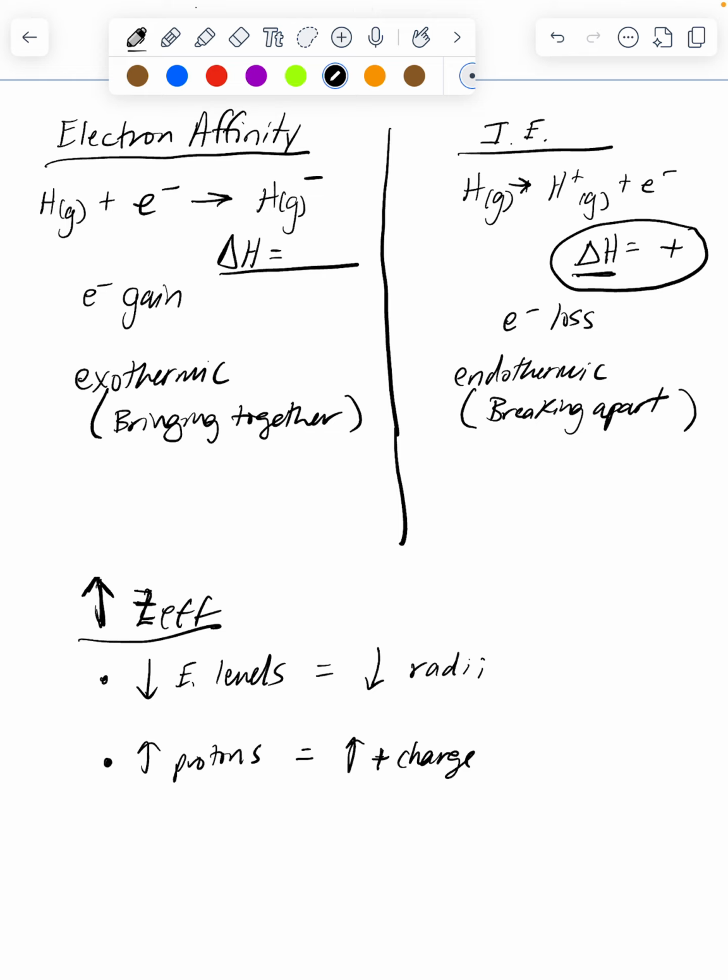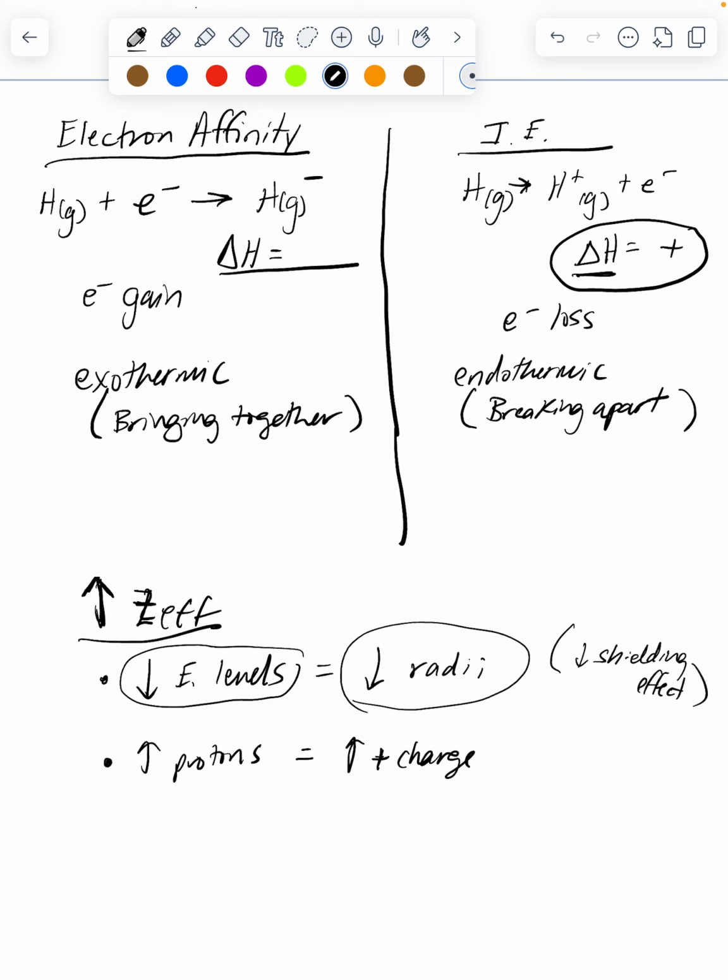When we have smaller atoms with fewer energy levels, and therefore less shielding effect also, we expect the attraction between the electrons and the nucleus to be greater, and therefore we would expect ionization energy to be higher, and also electron affinity values to be greater.